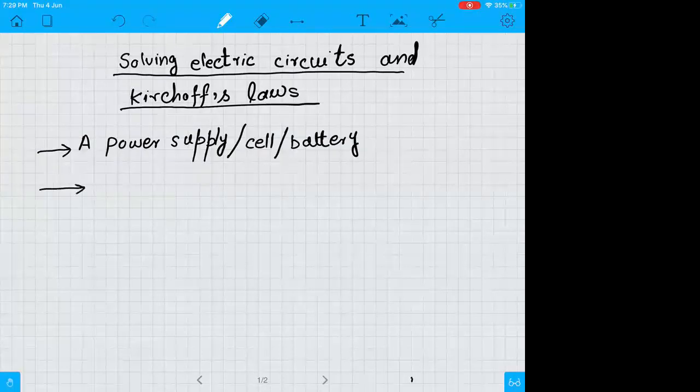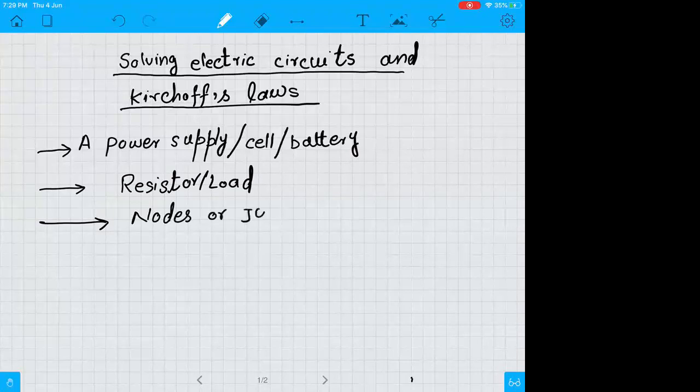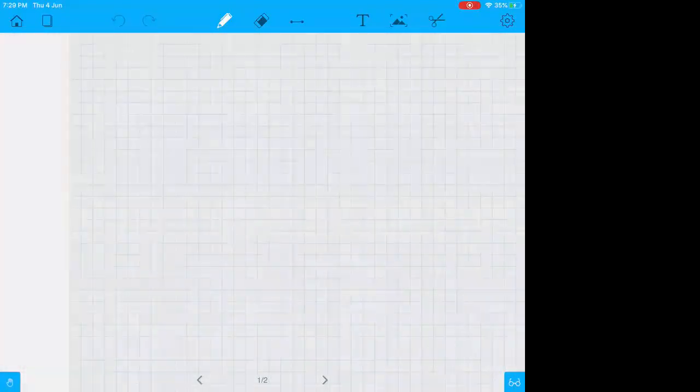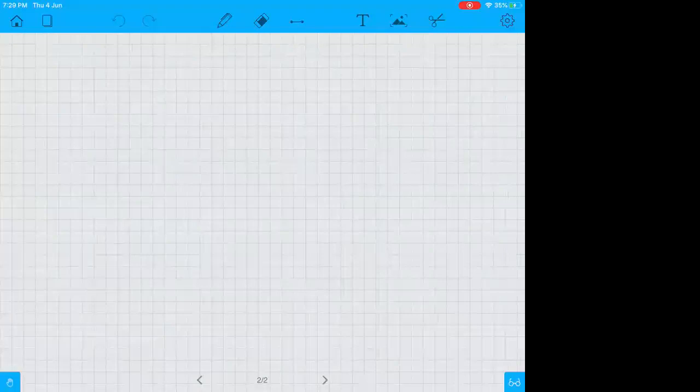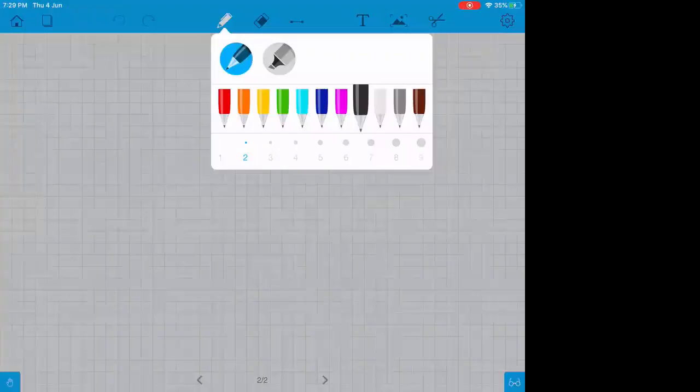Then we will understand the behavior of a resistor, that is also called a load. And then we will understand the behavior of nodes or junctions in a circuit.